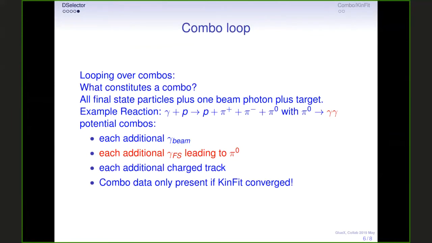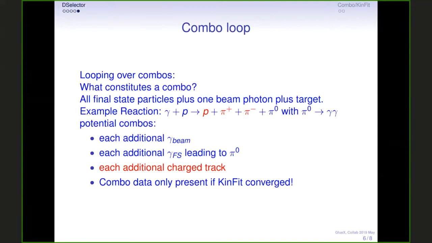So for example, if you have 3 photons in the final state, but you only need 2 to make the pi 0, then that third photon is unused energy, which means for each combo, the unused energy is different because you used a different photon. Similarly, each additional charged track can make you a combo. So if I have more than one negative charge track, then I have already more than one combo, right?